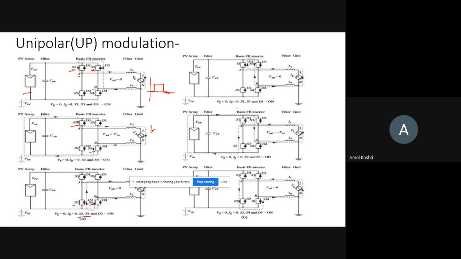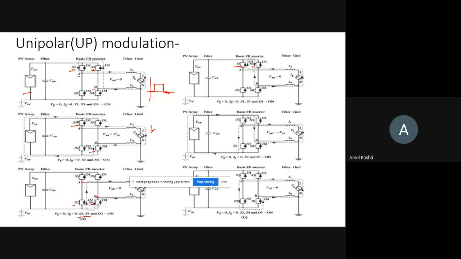Again, to produce a negative half, as this is our inverter operation, the first operation would be there. Here S1, S3, and diode D1 are turned on.